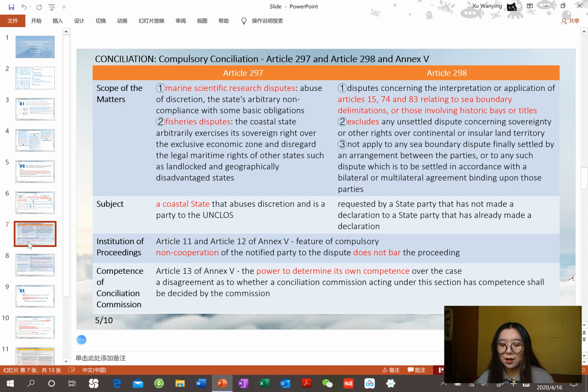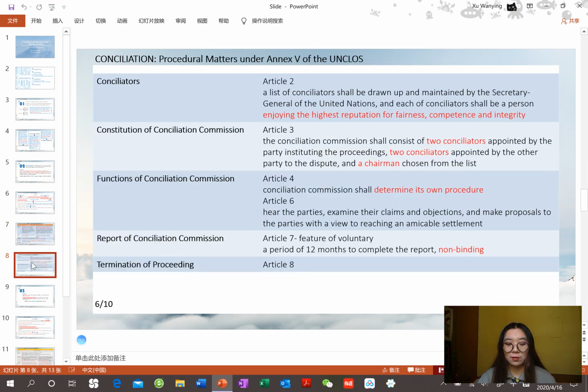In short, the unilateral institution is the most important feature of the compulsory conciliation procedure. As for the procedural matters of conciliation under Annex 5, the compulsory conciliation procedure can be understood as a compulsory start-up procedure that includes the essential elements of the voluntary conciliation procedure.